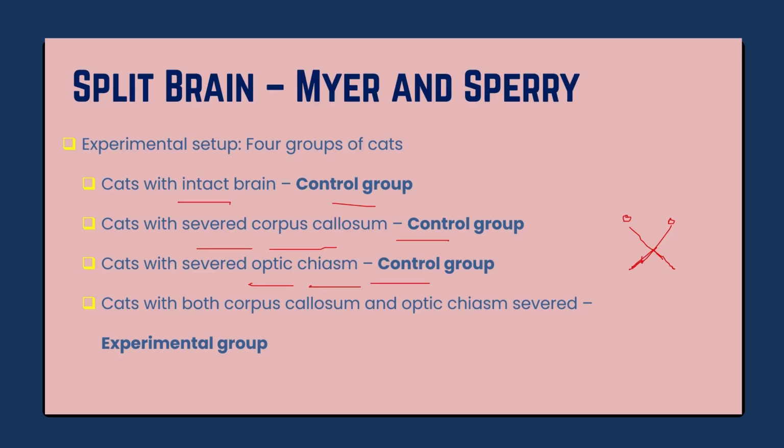So these were the three control groups. Then the experimental group: cats with both corpus callosum and optic chiasm severed. Now, this fourth group, which had no corpus callosum and no optic chiasm, had two totally independent hemispheres, and that's why they were used as the experimental group.